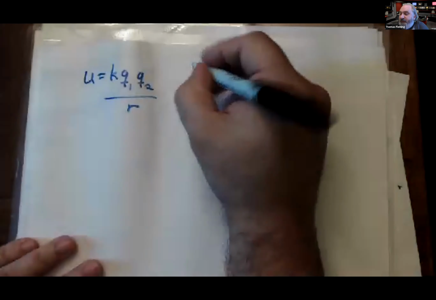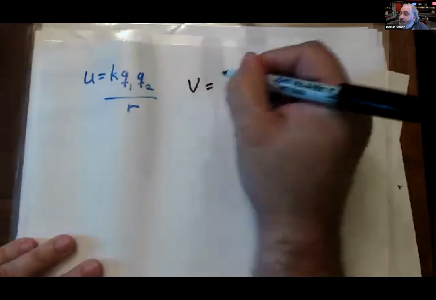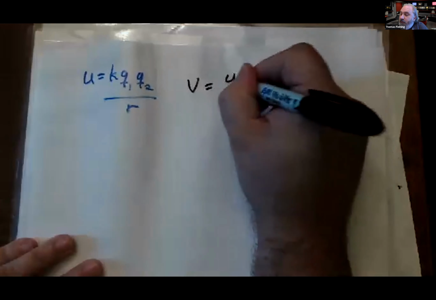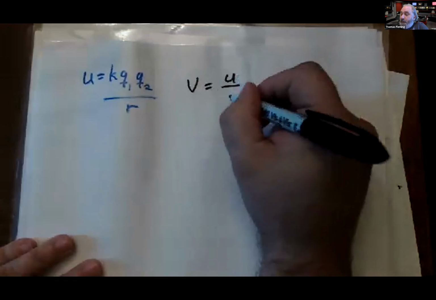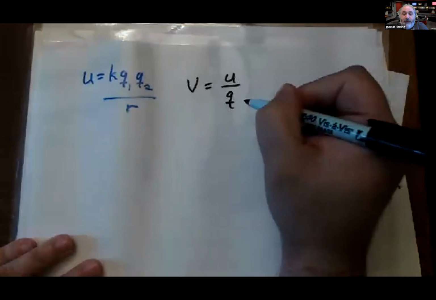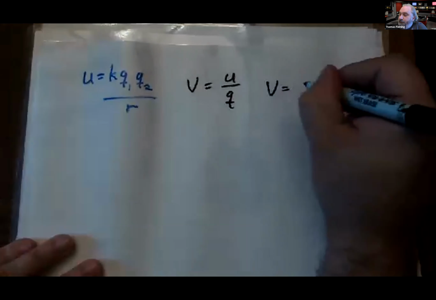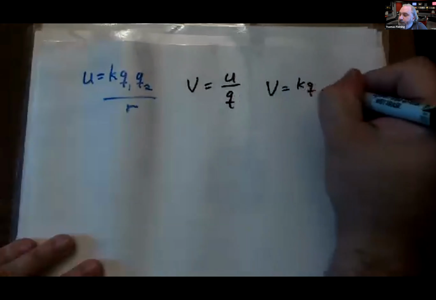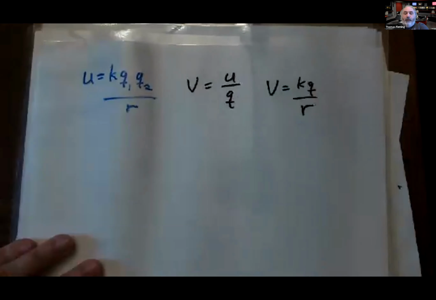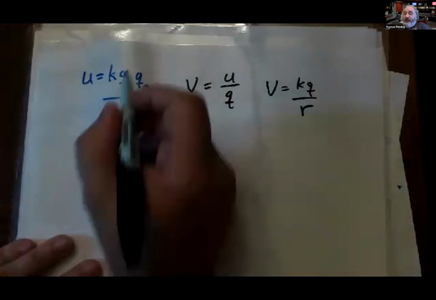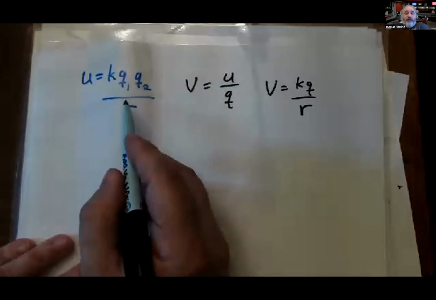But of course, we then went on to define something called the electric potential, and we defined the electric potential as the potential energy per charge, which means that for a point charge, we had that. Again, this is the electric potential energy. It's measured in joules.